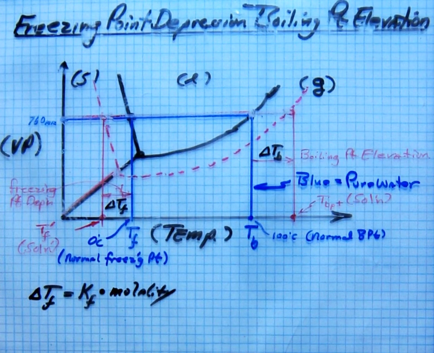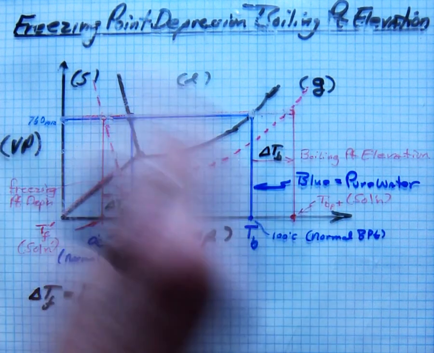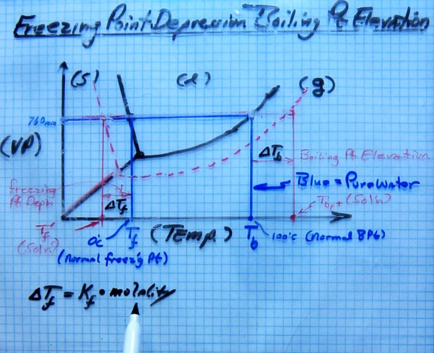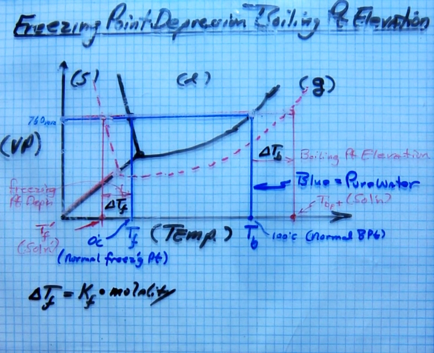Now, why would I use that? Remember, it's moles over kilograms of solvent. Well, this entire concept involves changes in temperature. And so you need a concentration term in the equation that will be constant for a given mix.